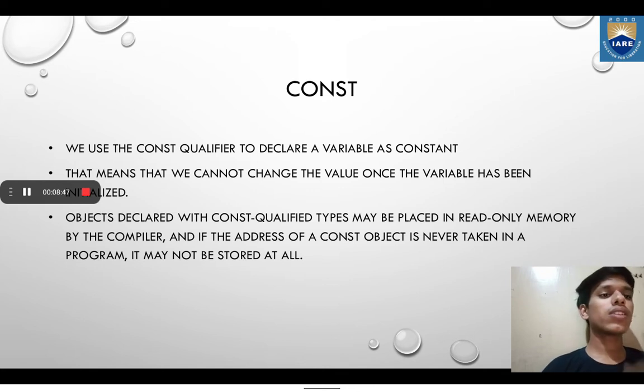For example, pi is a constant, so if we want the pi value to be the same throughout the program, we define const pi as 3.14. If we try to change the value of pi anywhere in the program, it will give an error. So that's how we can declare a constant variable.